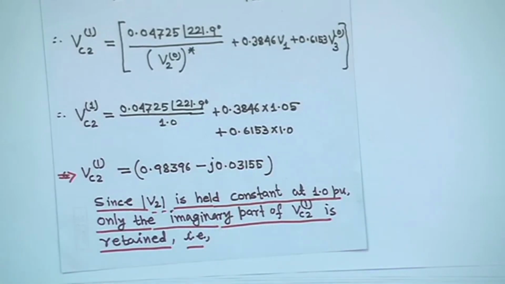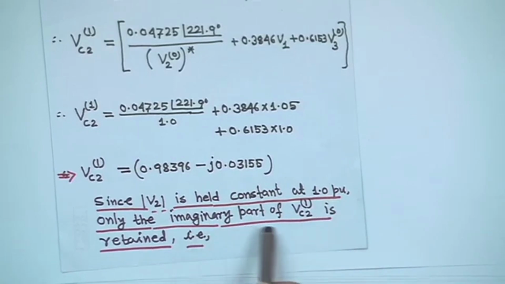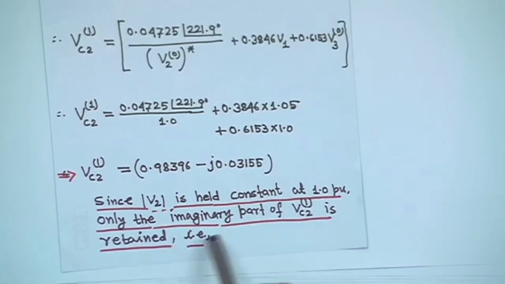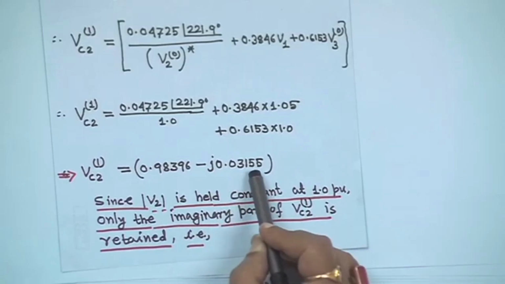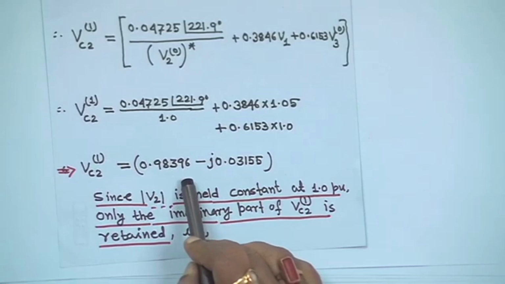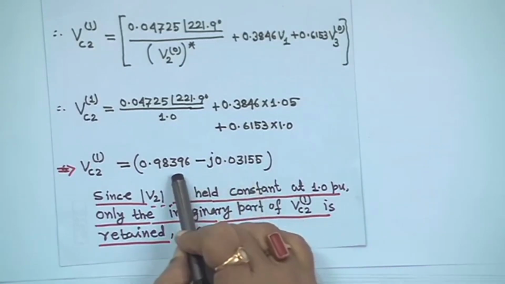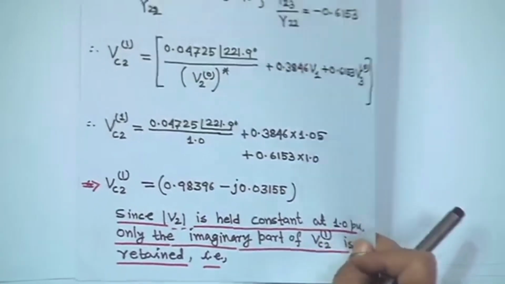So, what will we do for PV bus consideration in the Gauss-Seidel method? Since V2 is held constant at 1.0 per unit, only the imaginary part of Vc2^1 is retained. That means the imaginary part we have got using that Q2 injection will be retained, but the real part we will find out. How will we do this?